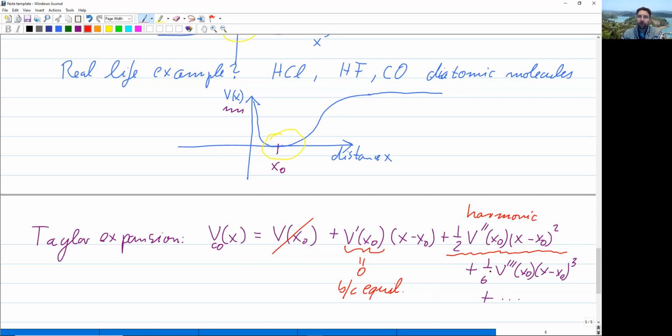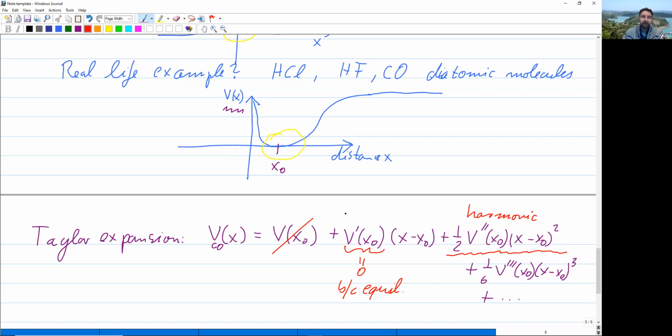And how about the other terms, like the 1/6 V triple prime? That term is there, but for small enough oscillations, we can neglect that. Roughly speaking, if x minus x naught is 0.1, then 0.1 to the third power is really small, much smaller anyway than 0.1 squared.